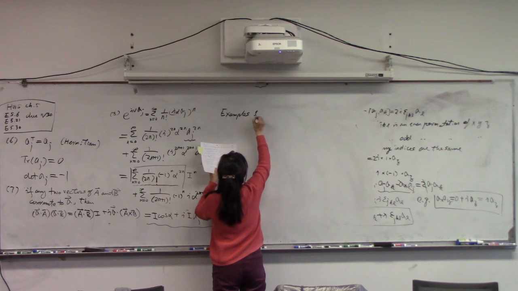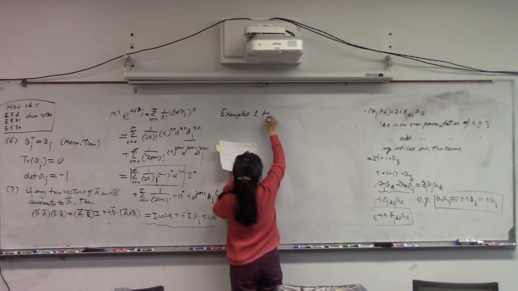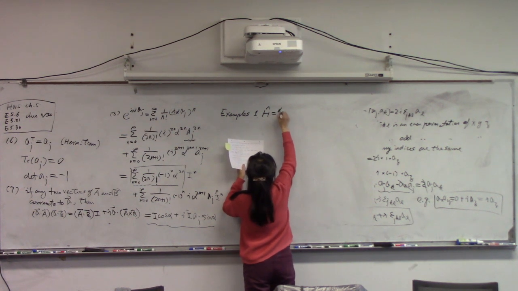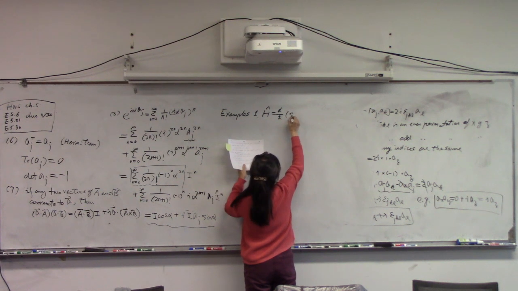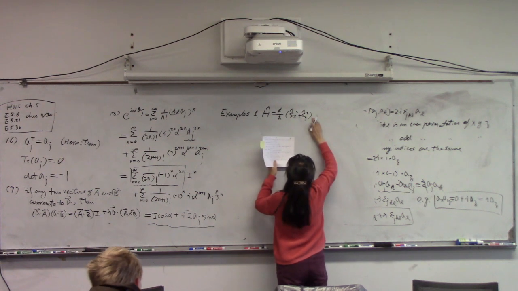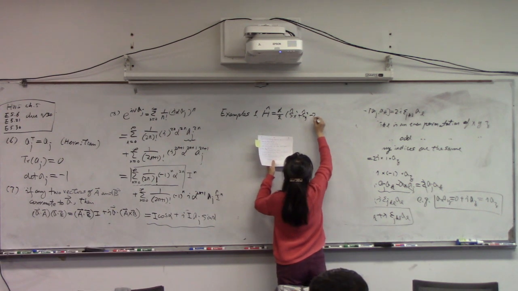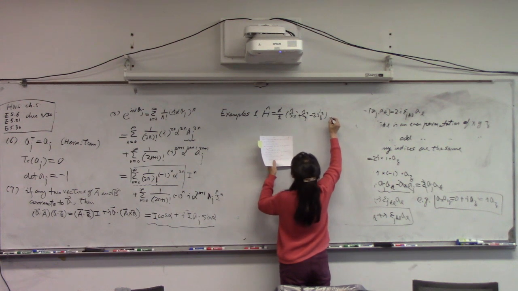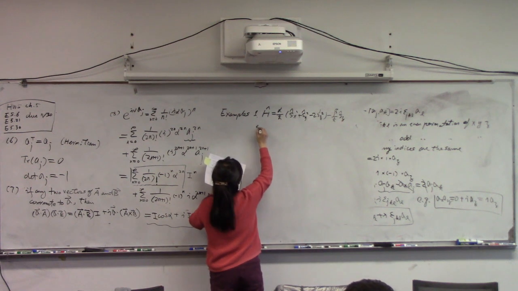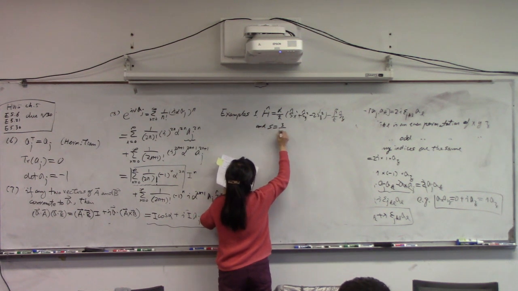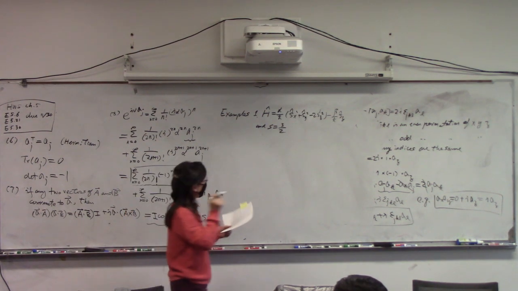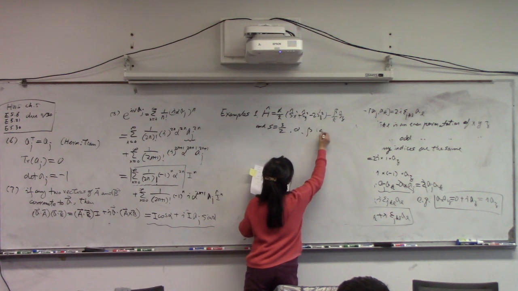The first one, example 1: we have a Hamiltonian H = alpha h bar (Sx squared plus Sy squared minus 2 Sz squared) minus beta h bar Sz, and S is 3/2. Alpha and beta are constants.